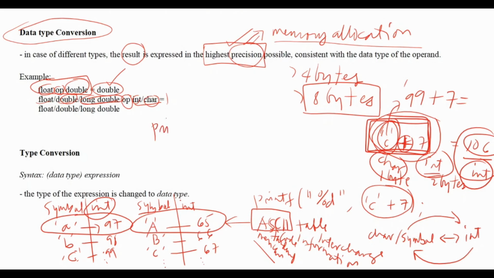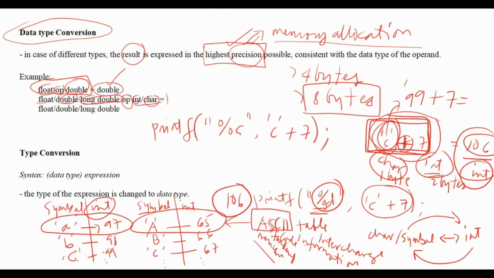If we have a printf statement, and instead of %d we have %c, so it is character type or symbol, and then the expression is c plus 7. Instead of %d, as a while ago, which displays an integer value 106, if we change this one to %c, what will be the output?